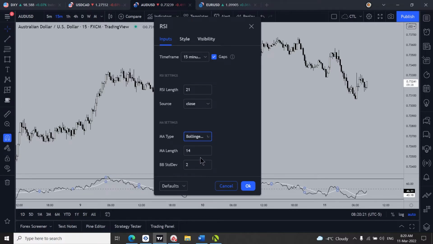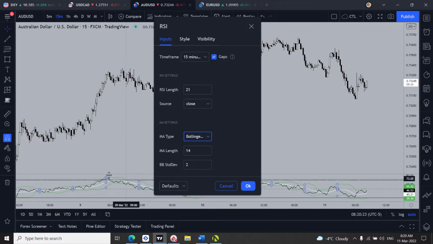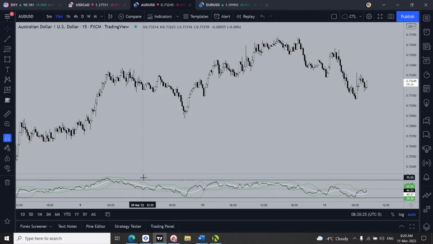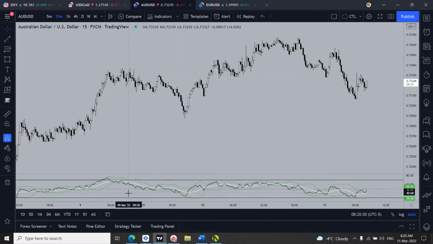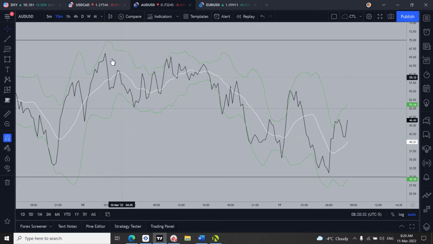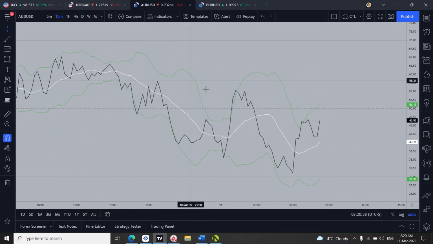If you put this one on, it will keep the moving average, but it'll also throw on the Bollinger Bands on top of that RSI. So then you could see it's the same thing as if you were to throw it on the price chart. It just does it with the RSI. And you can see you would potentially have a signal to sell here as it came outside of the Bollinger Band. All right, and down here as well, signal to buy potentially.